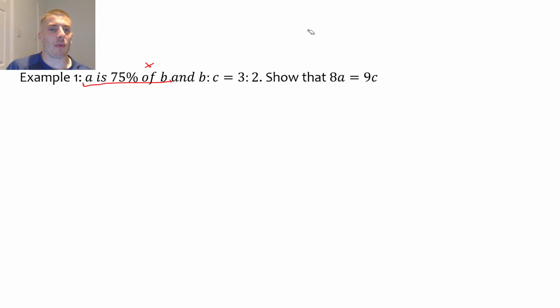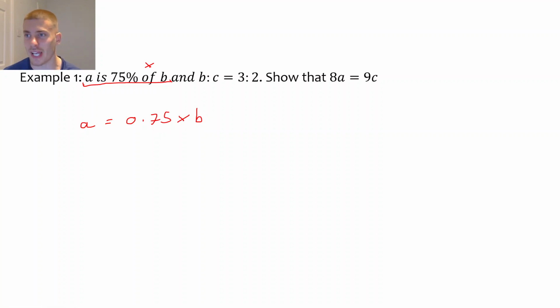So we're now saying, right, well, A is 75% of B. So I can go and say that A is going to be equal to 75% of B, which is going to be 0.75. Again, of, you times it, of B. So it's the same thing as with the numbers, but we've got algebra involved this time.